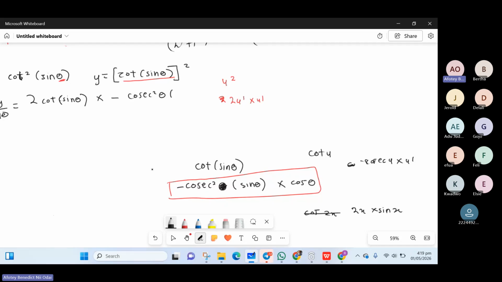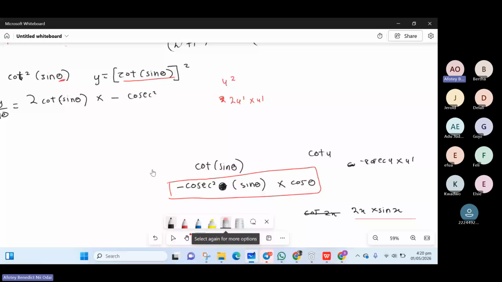If this was basically what we were solving, we would have used the product rule. But as you can see, the product rule does not hold in this case because cosec squared is not multiplying sine theta. Sine theta is rather the x, or the value you put into the cosec squared, right? So let's clean this and let's continue from there.